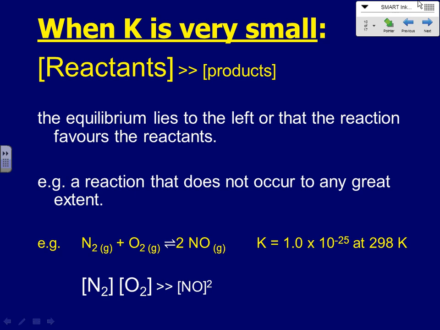My next one is what if it's about 10 to the 1 or 10 to the 0? They can be any range. And really, when we get ahead into doing these calculations that I've been describing to you, these different types, it's that size of K that determines what tactic we use.